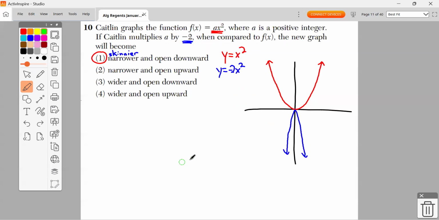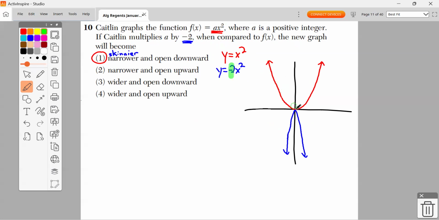In question number 10, you're given the equation a times x squared, where a is positive. If she multiplies a by -2, when compared to f of x, the new graph will become what? So our original equation is just y equals x squared. Our new equation, we're sticking that -2 out in front.